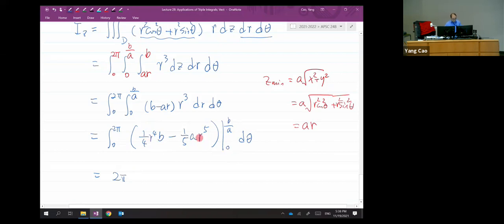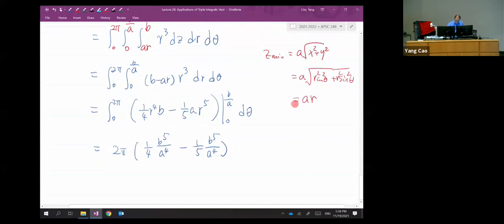So you should get 2 pi times (1/4 b to the power 5 over a to the power 4 minus 1/5 b to the power 5 over a to the power 4). And then with a little bit of simplification, you get pi b to the power 5 over 10 a to the power 4.